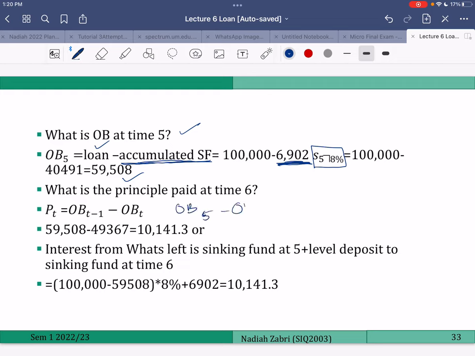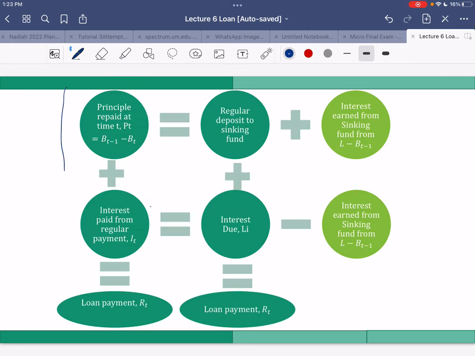Okay, so this one you know already, the outstanding balance at time 5. You can also find the outstanding balance at time 6 using this method, or you can save yourself from calculating the outstanding balance at time 6 by leveraging this relationship. So we want to find P6, which is equal to the regular deposit to the sinking fund, which is 6,902, plus the interest earned from the sinking fund.